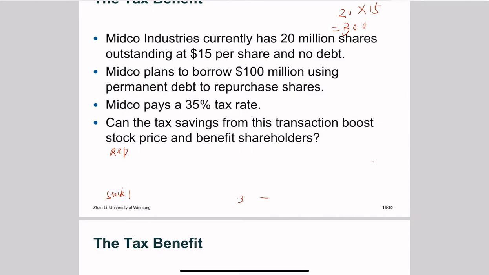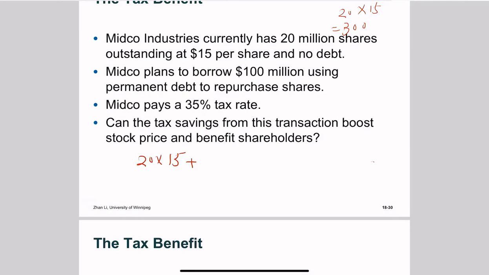We learned the correct way to solve this is we need to first examine how the firm's value will change. To be more specific, we know that the firm's unlevered value was $300 million, right? So it's 20 times 15. Then we have to consider the effect of leverage.